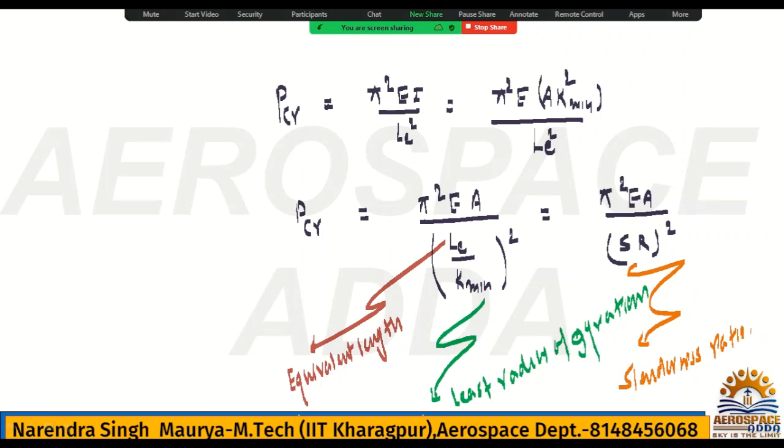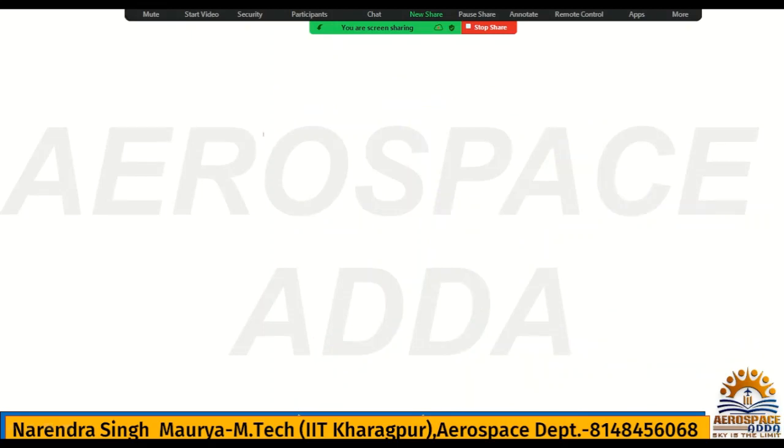All right. Now I think it is clear. As I mentioned, the range that defines a long column and a short column is given with the help of the slenderness ratio. SR, which is nothing but the slenderness ratio, is LE divided by K min.